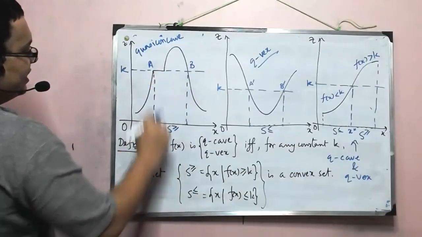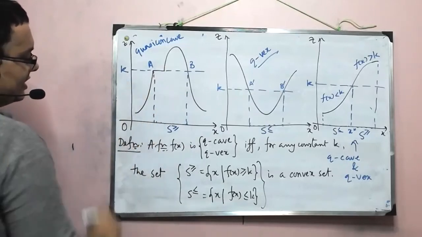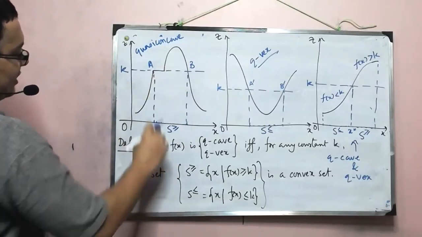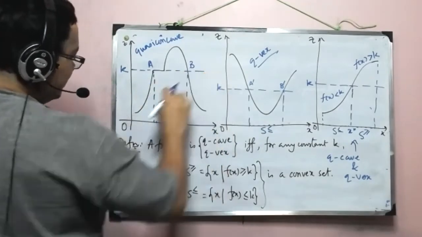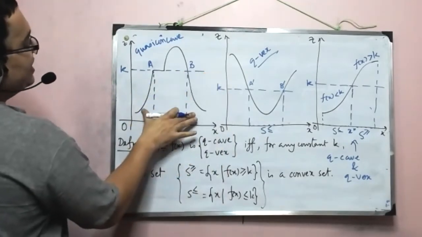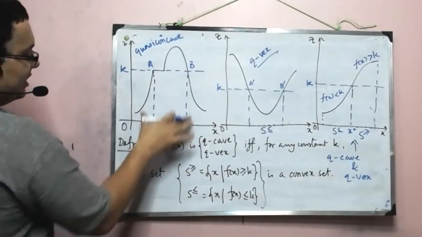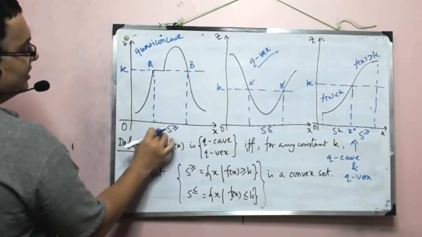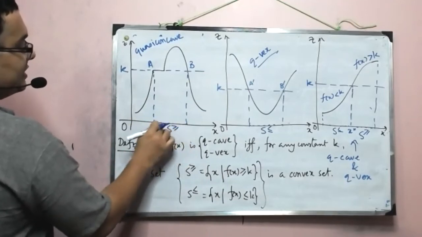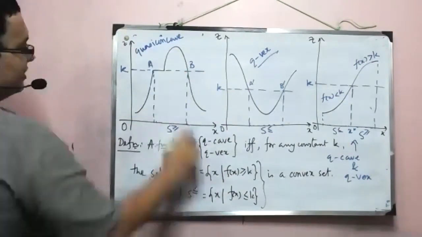So here we have looked for f(x) greater than or equal to k, and then we look at the domain that is generated below, and we see that they are convex. For example, here f(x) less than or equal to k comprises this part and this part, right? These two parts are not convex, because the convex combinations of these two extreme points lie here. That is why this function is not quasi-concave.